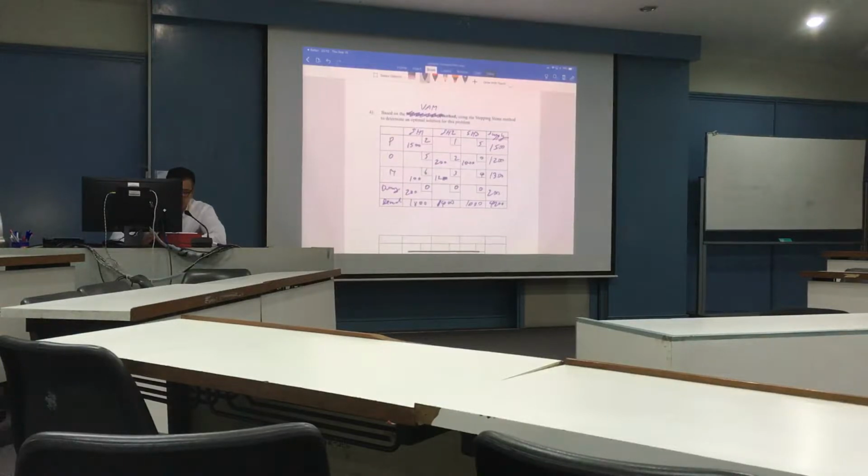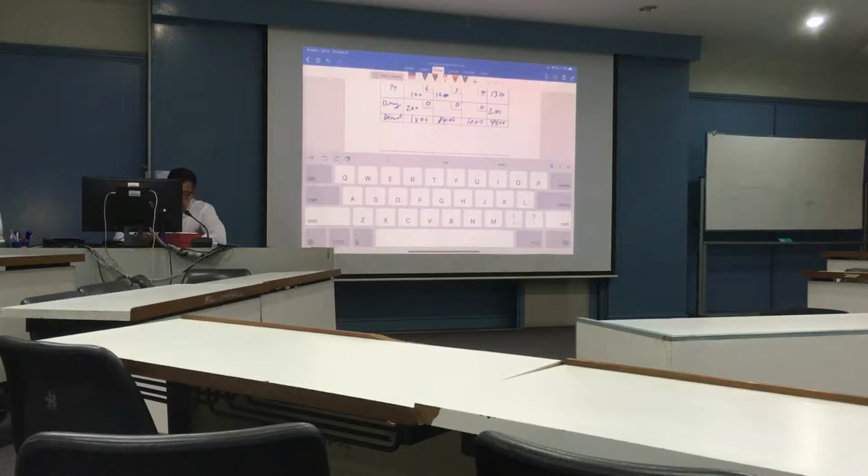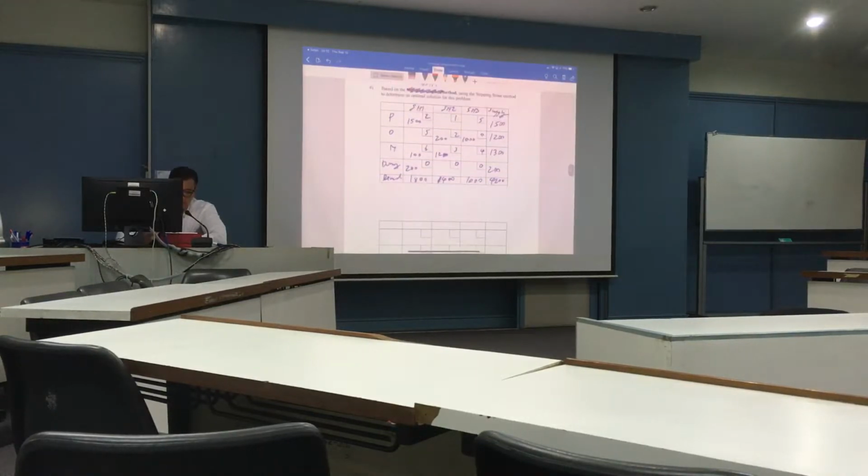Then we're going to test using the stepping stone. I need to find the improvement of cell 1,2, cell 1,3, cell 2,1, cell 3,3, cell 4,2, and cell 4,3.